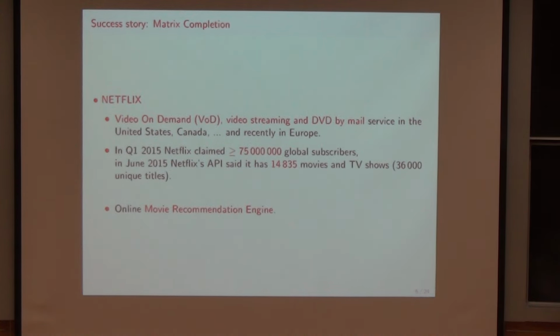Another famous story, which can lead to the same kind of problems, is the Netflix story. I believe that everybody knows what Netflix is. I don't use Netflix personally, but I think that many people, especially people with kids, know what it is.